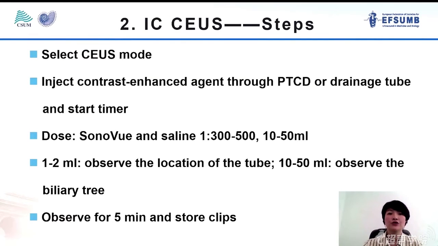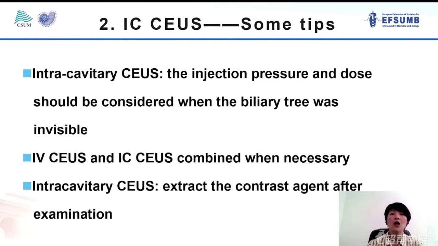Compared to intravenous CEUS, SonoVue diluted with saline was injected through the PTCD tube or drainage tube. The remaining steps of intracavity CEUS are similar to intravenous CEUS. When performing intracavity CEUS, some tips should be kept in mind.